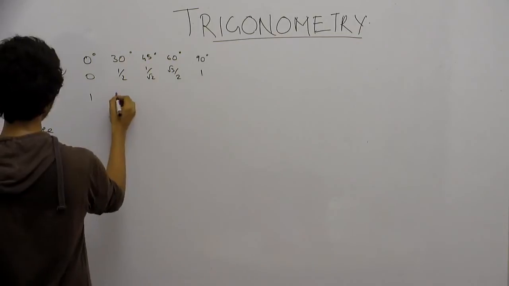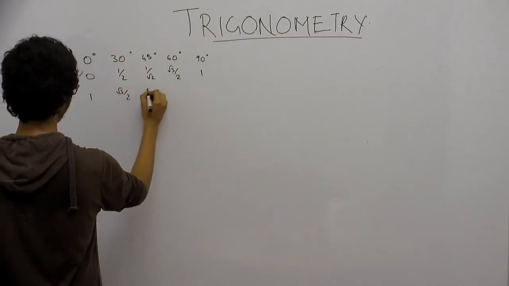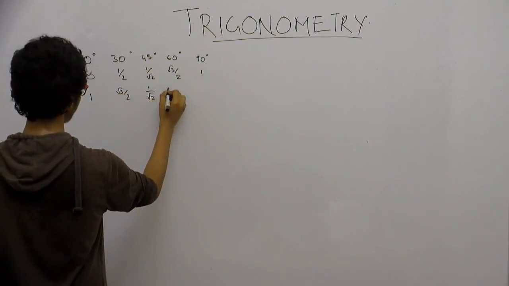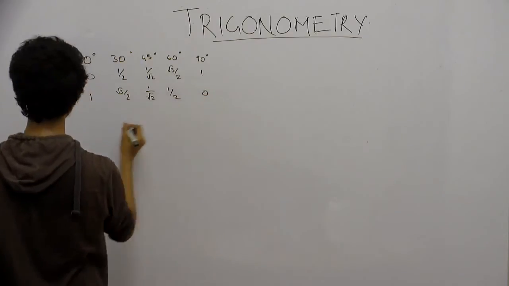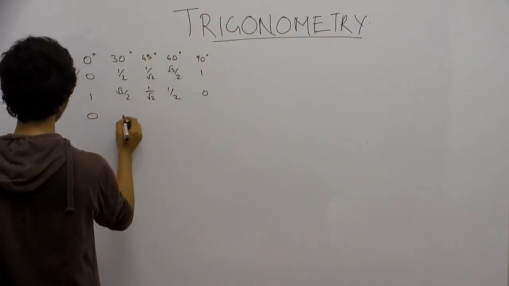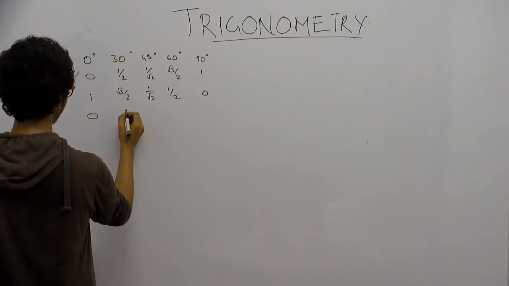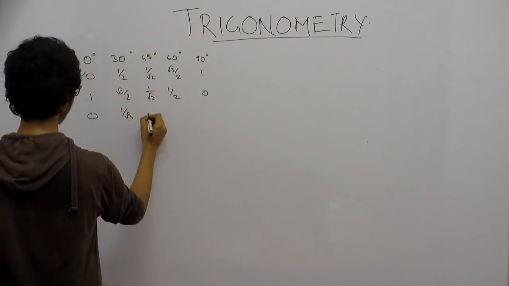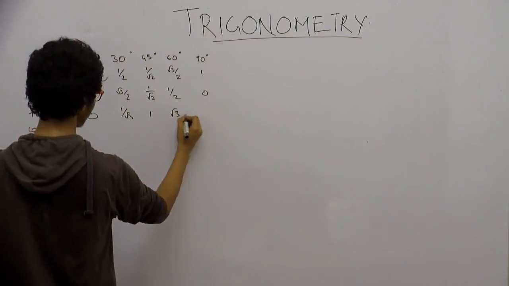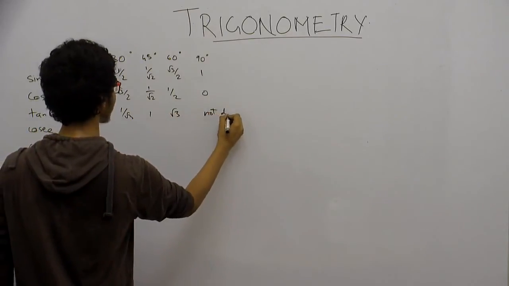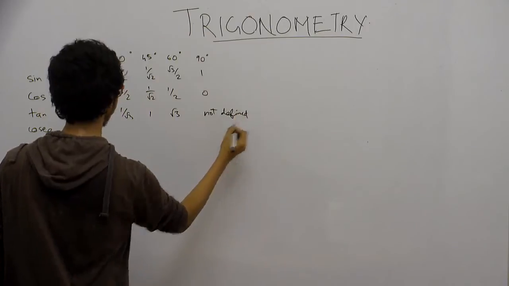Cos is 1, root 3 by 2, 1 by root 2, half, 0. Tan is 0, 30 degree is 1 by root 3, this is 1, this is root 3, and this is not defined.